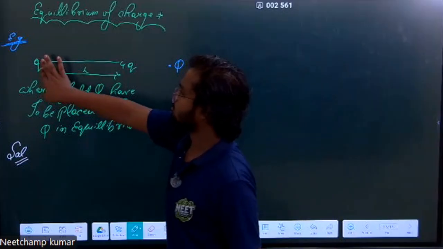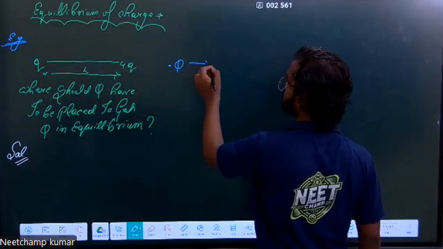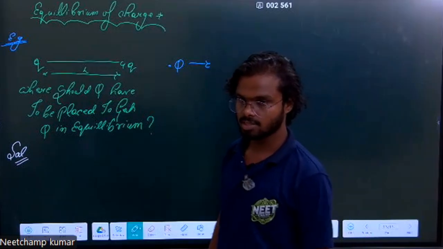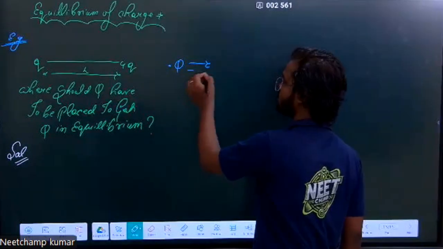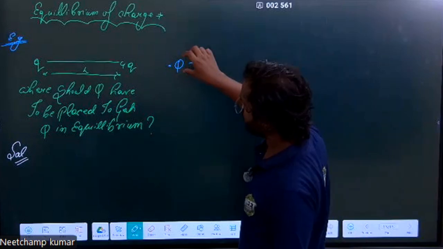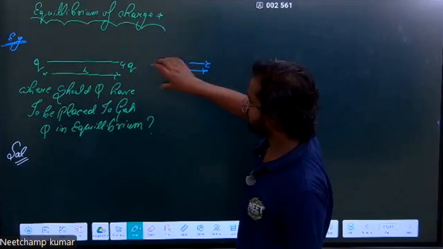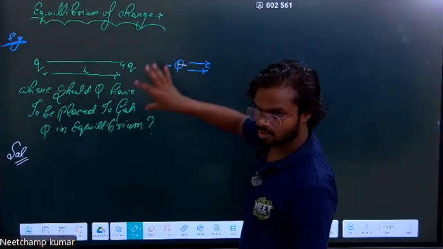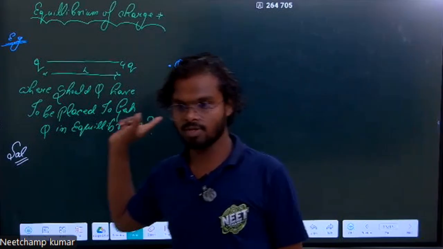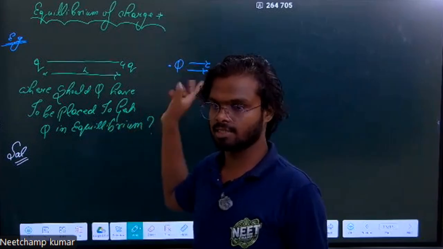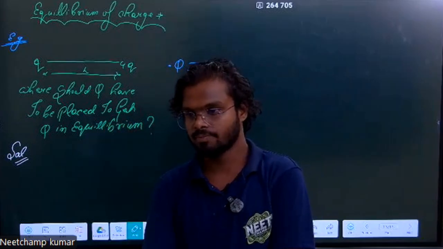This small q will apply a force in this direction, and this 4q will also apply a force in this direction. So is it possible to get the net force on this charge to be 0 at this position?